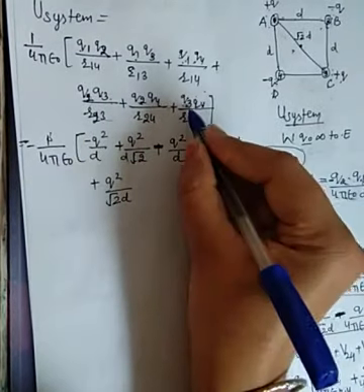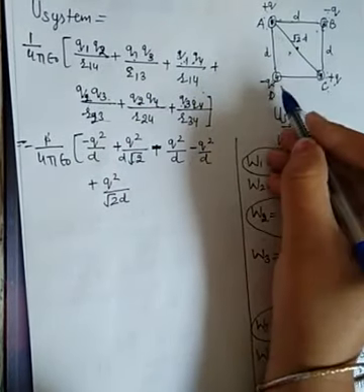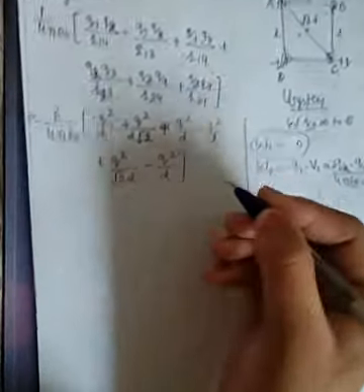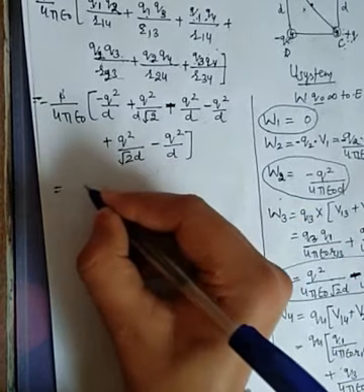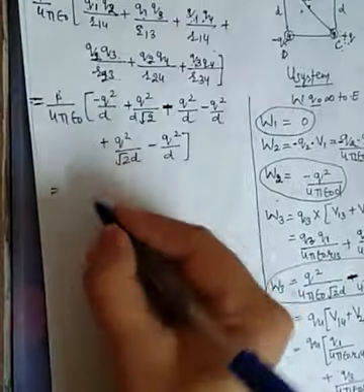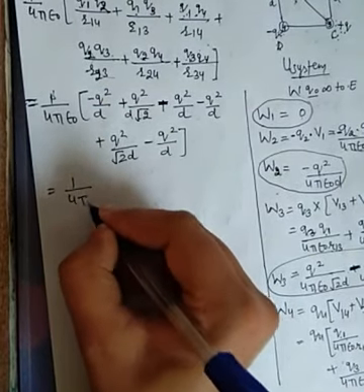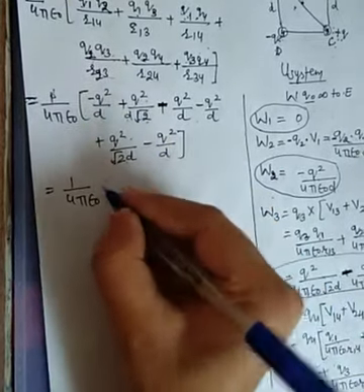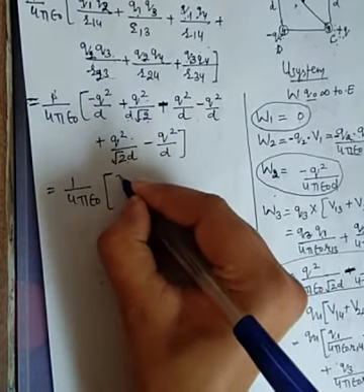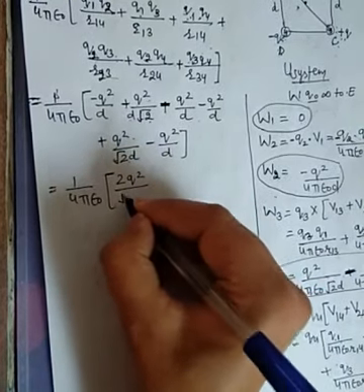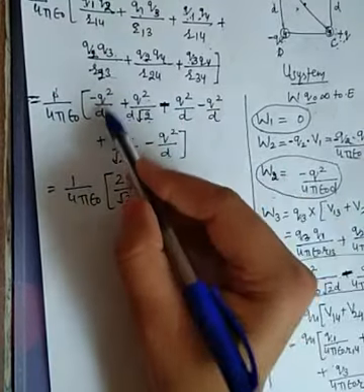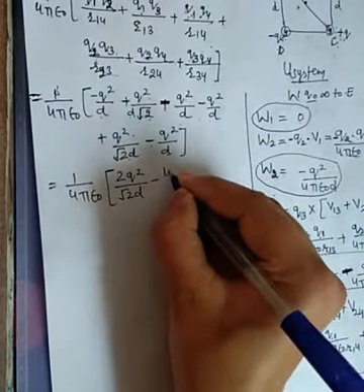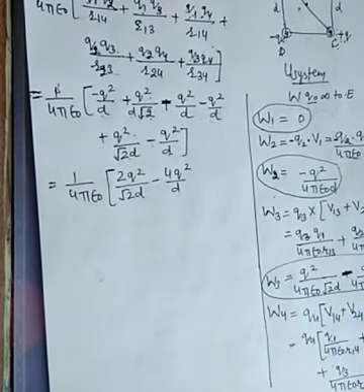Root 2 D. Q3 Q4, this one is Q3, this one is Q4, Q into minus Q, minus Q square upon D. So as to find out the result, 1 upon 4 pi epsilon naught, Q square upon D root 2, Q square upon D root 2. Combining these two, I may write 2 Q square upon root 2 into D. Then Q square by D four times, but with negative sign. So minus 4 Q square by D.